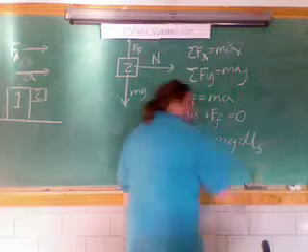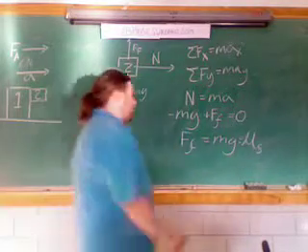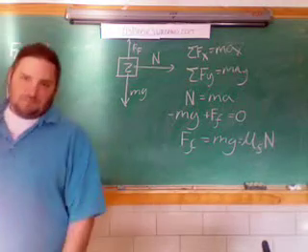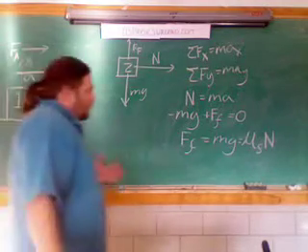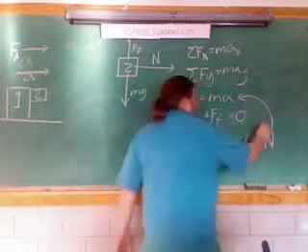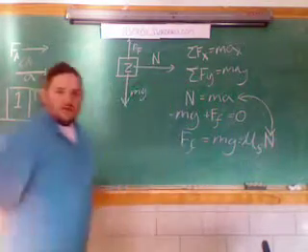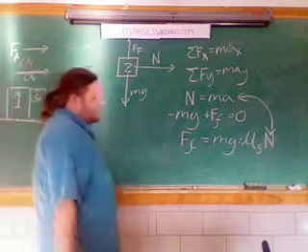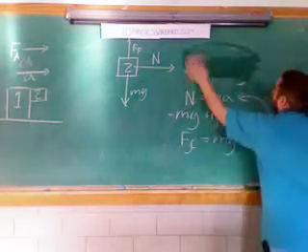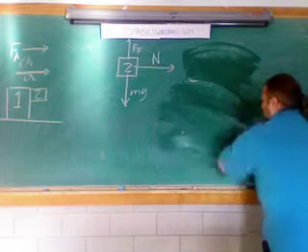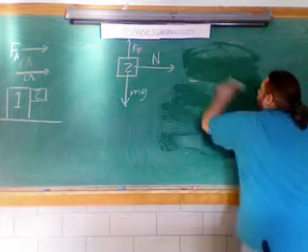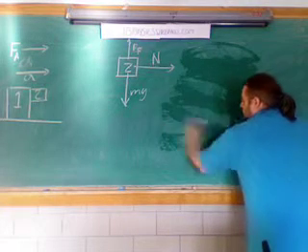Cool? Okay, now, applying this idea into here, I end up with another equation, and I'm going to erase this right now. And mg is equal to the coefficient times ma.